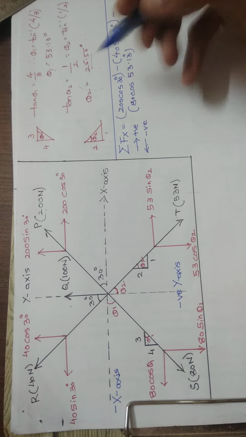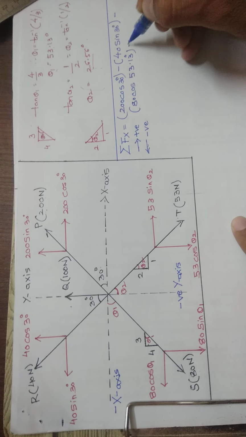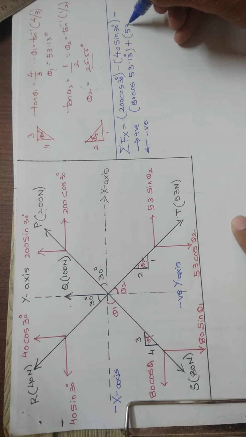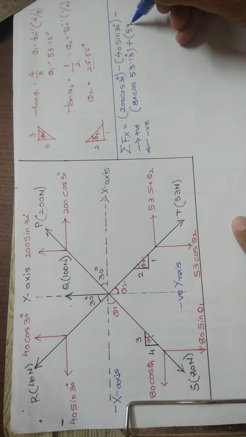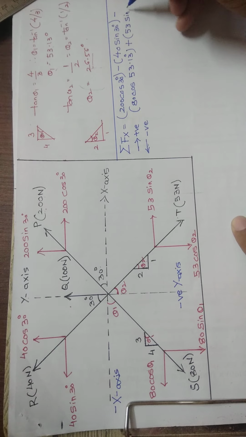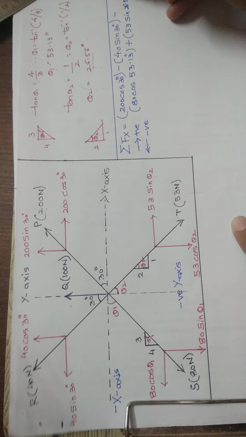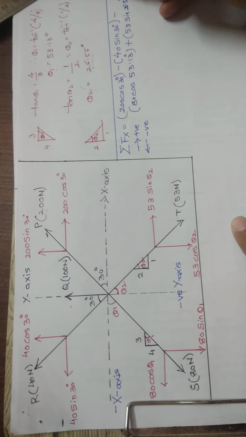Next is the last X component, on the right side, plus 53 sine of theta 2. What is the angle theta 2? Theta 2 is 26.56 degrees.